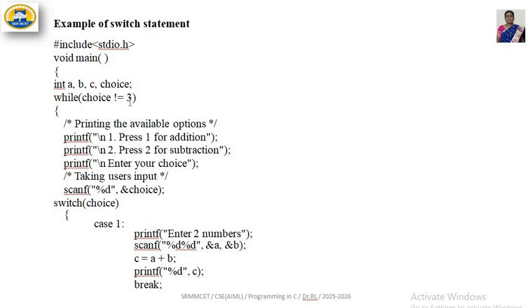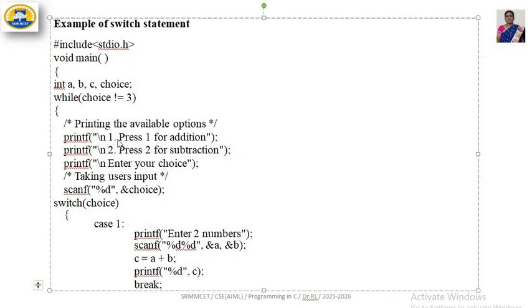First we get the choice: press 1 for addition and 2 for subtraction. Based on the choice, suppose the choice is 1, the case 1, that is the addition block, is executed.